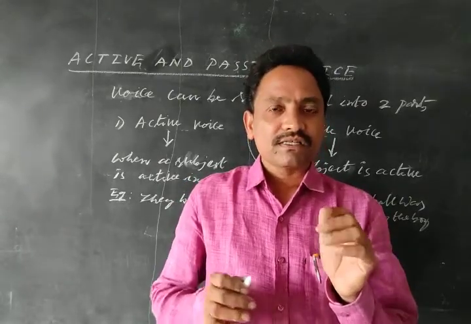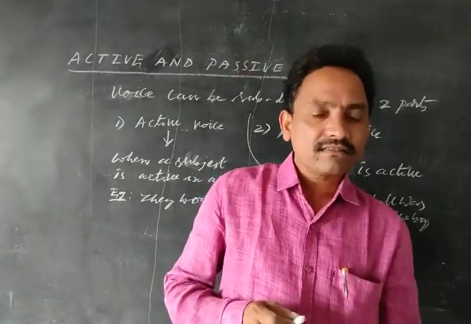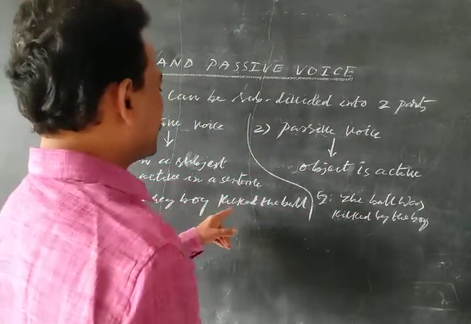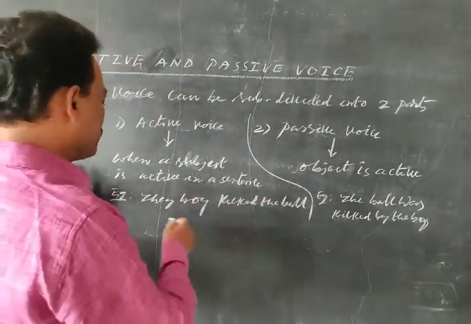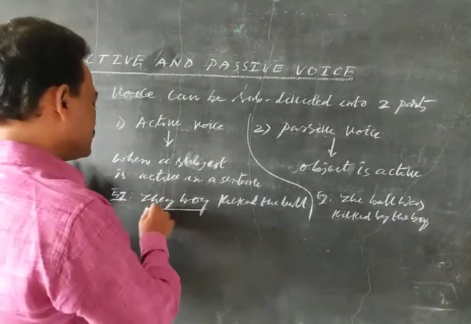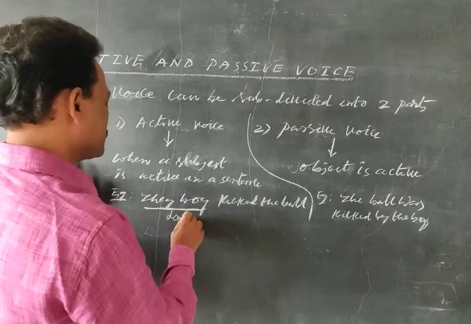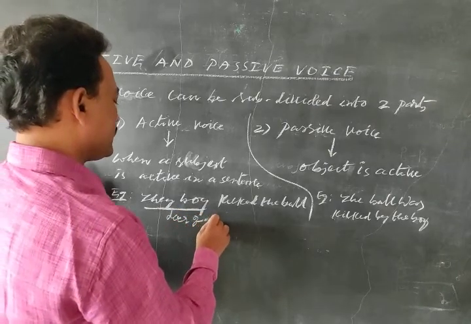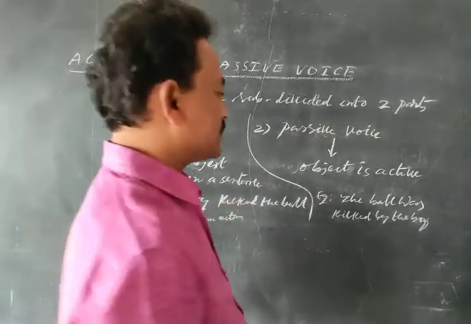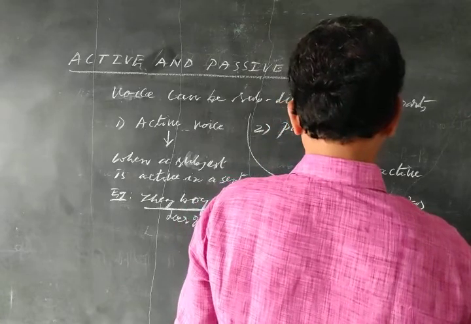Object means sufferer of an action. See, for example, the boy kicked the ball. The boy is the subject, the doer of an action. But when you come to the ball here, what is the ball here? Sufferer of an action.